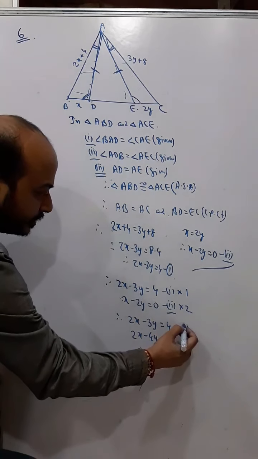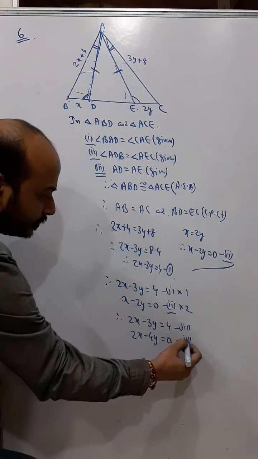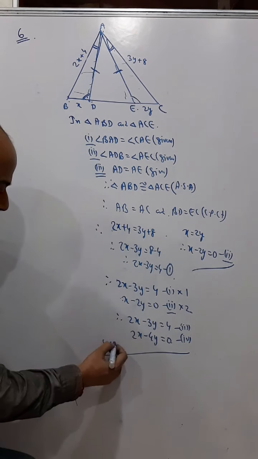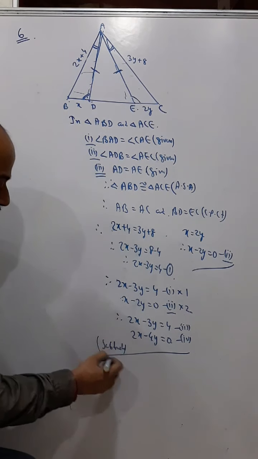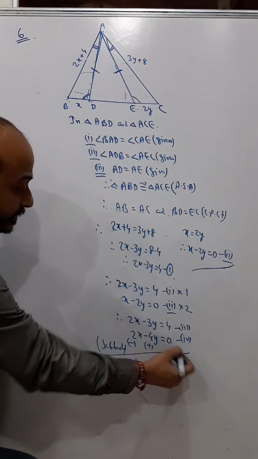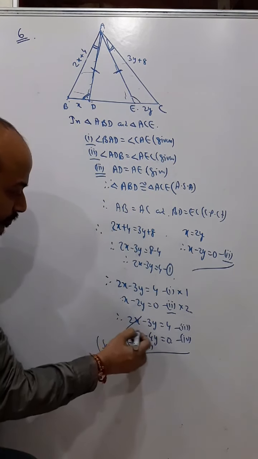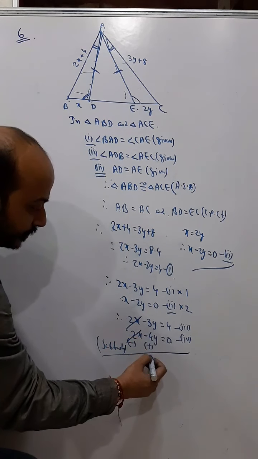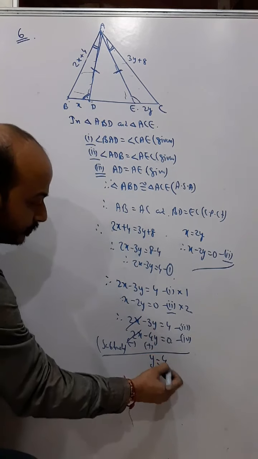So this is my third equation and fourth equation. And now if you subtract, then this x will get cancelled, minus and plus. So 2x and 2x got cancelled. What we get? 4y minus 3y. So we get y is equal to 4.